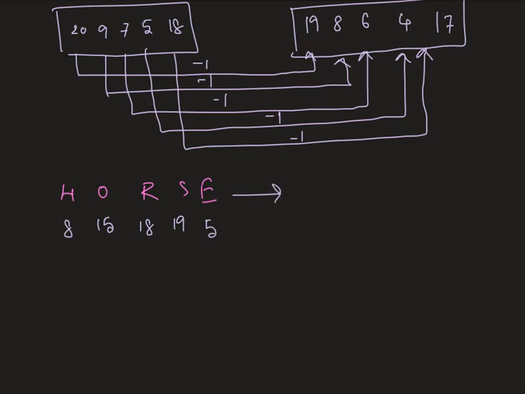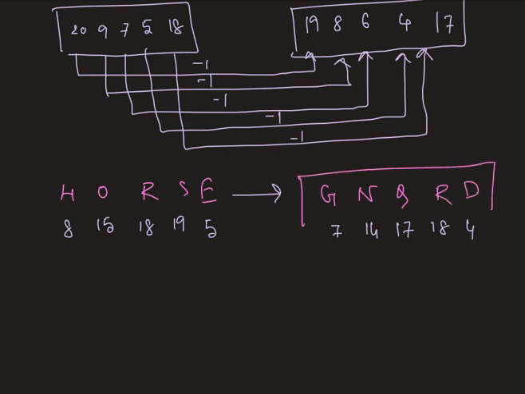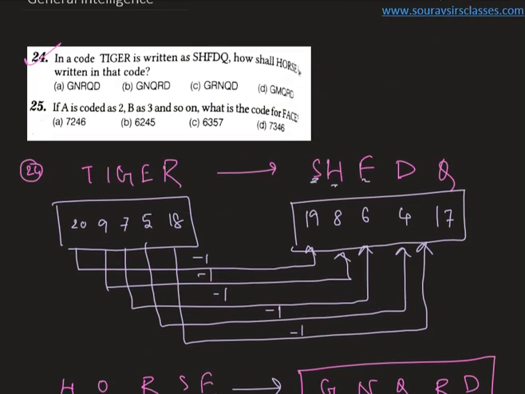Now in the code we must have the 7th, 14th, 17th, 18th, and 4th letter. Therefore we have G, N, Q, R, and D. Therefore the code of horse is GNQRD.